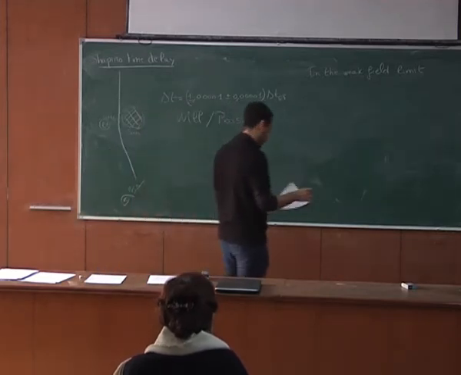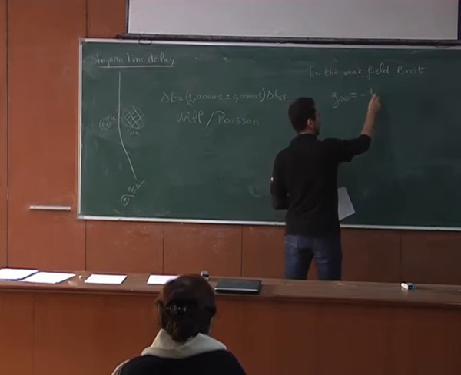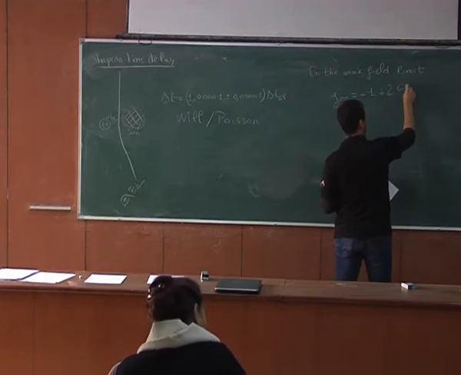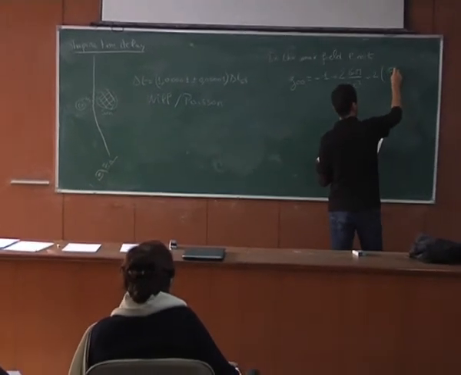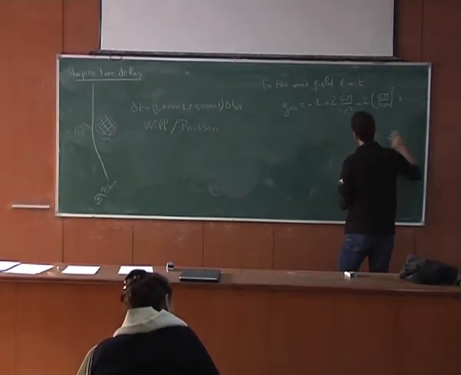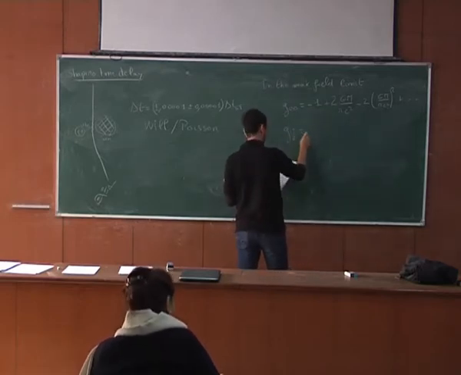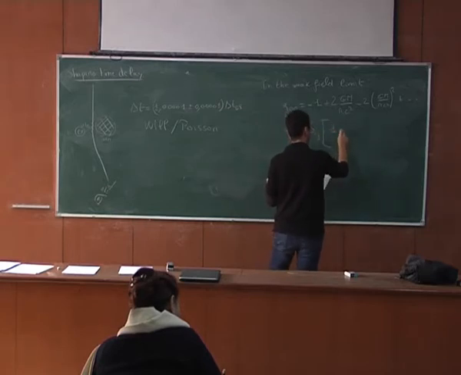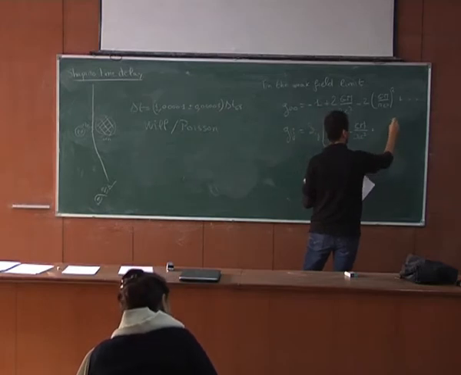We know that when it is Newton, the metric is -1, but you get corrections. So it's a series expansion, and the metric g_ij will be delta_ij (1 + 2GM/rc^2 + ...).